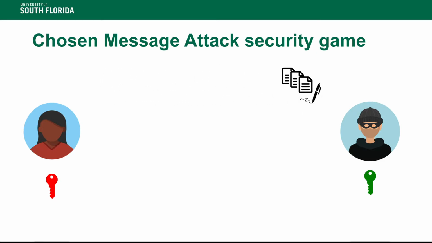So the adversary receives signatures for chosen messages, and then after that, the adversary needs to come up with a new message that was not one from the signing queries that they submitted, together with a signature, such that the verification with the verification key is successful.